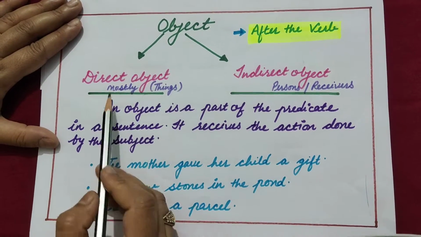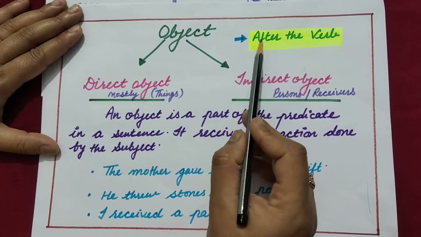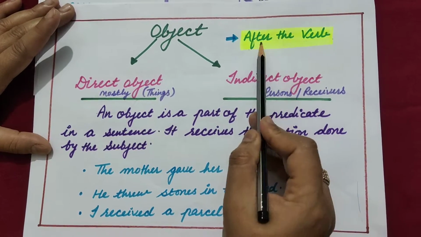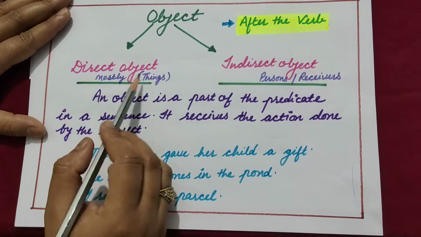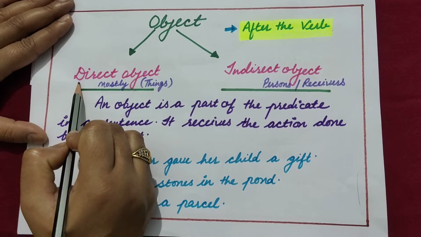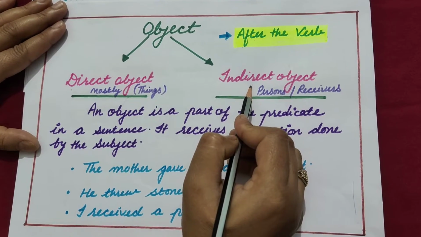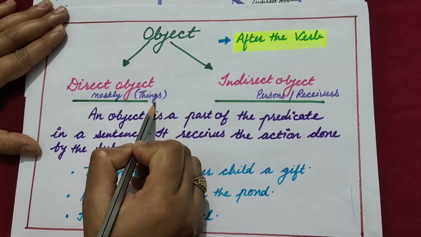Objects. Clear? Very first thing you have to keep in mind is that objects are after the verb. After the verb, you cannot find them before the verb. It is divided into two parts: direct object, second is indirect object. Mostly direct objects are the things. Clear?